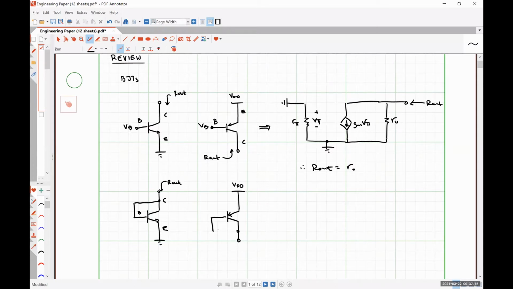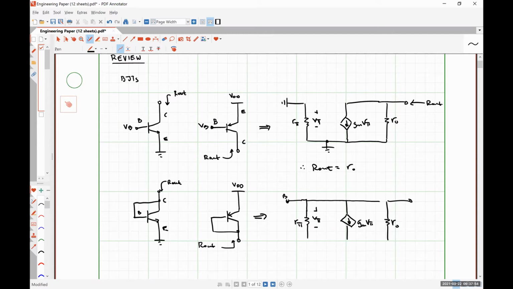Tie these guys together. Look in. And from our small signal model, we have our base, g m v pi, R naught. Sorry, got ahead of myself. Wanted to write R pi there.